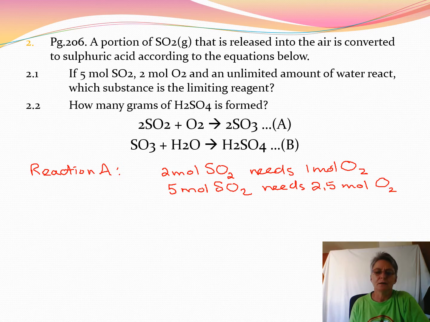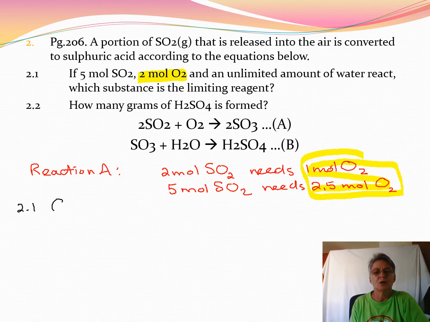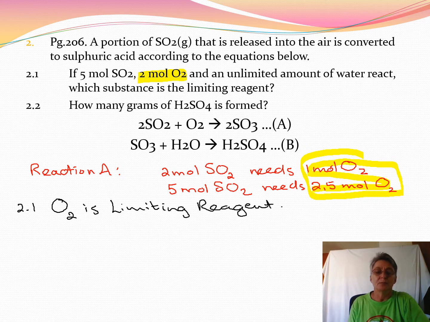So we have too little oxygen if we started off with only 2 moles of oxygen. So the answer to question 2.1 is oxygen is the limiting reagent. This is what will be used up during the reaction, so this is what we will need to use in the next calculation.